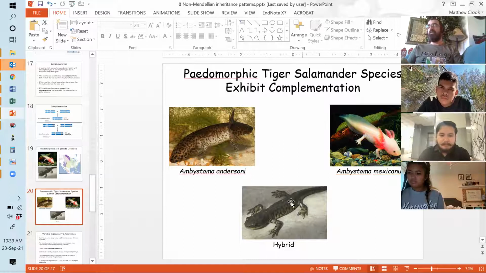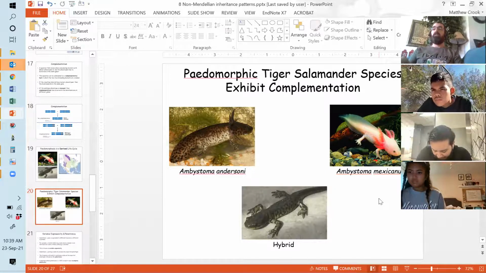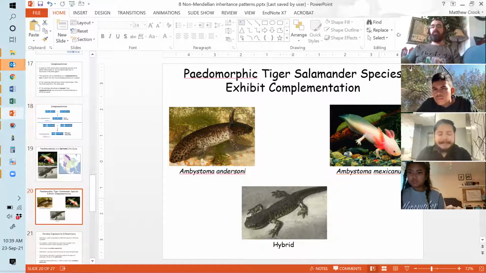It doesn't display the juvenile phenotype in the adult form. And so that tells you that whatever's causing the pedomorphic phenotype here is different from the one that causes it in this one. Because when you cross them together, you have dominant alleles of both genes, even though they're heterozygotes. And so you exhibit the normal adult phenotype, which is kind of a fun thing to think about.